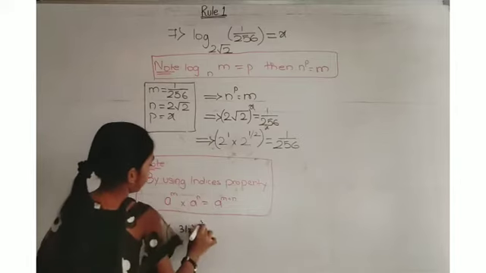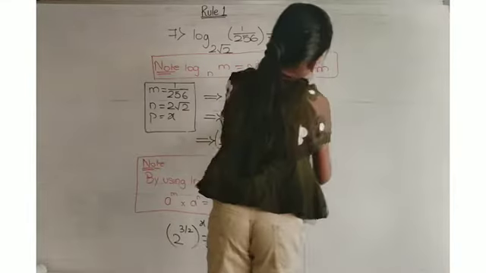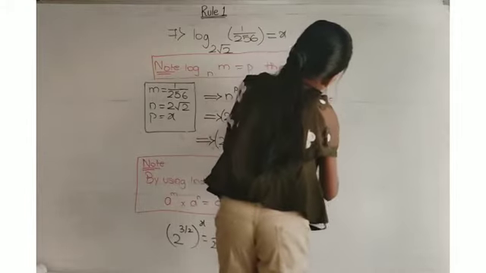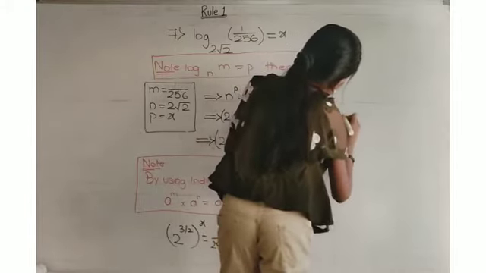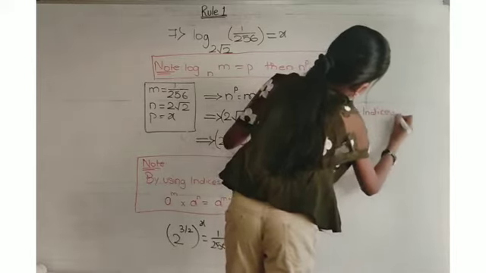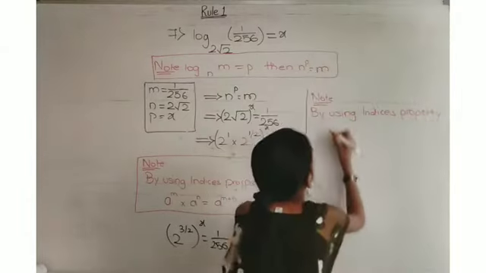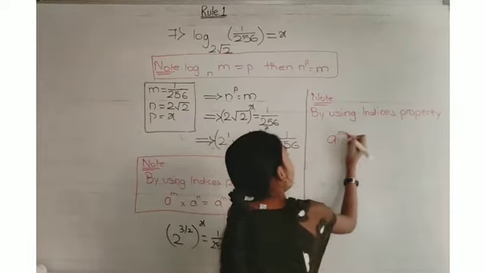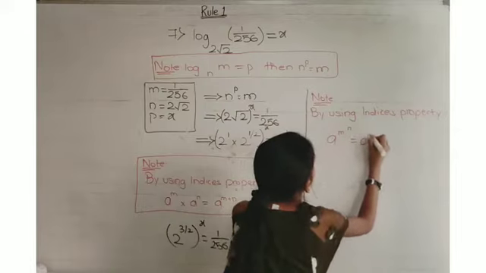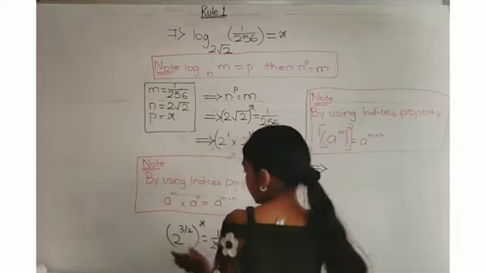And this raised to x is equal to 1 upon 256. Note, by using the indices property, a raised to m raised to n is equal to a raised to m into n, means this which is given.